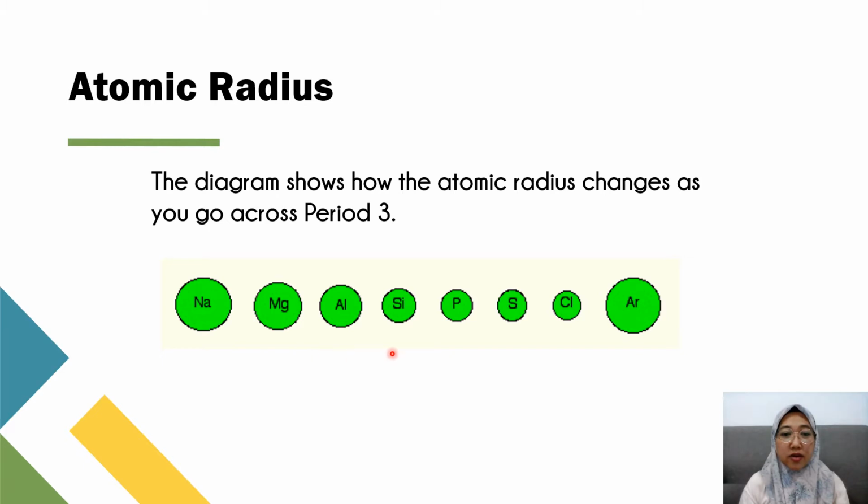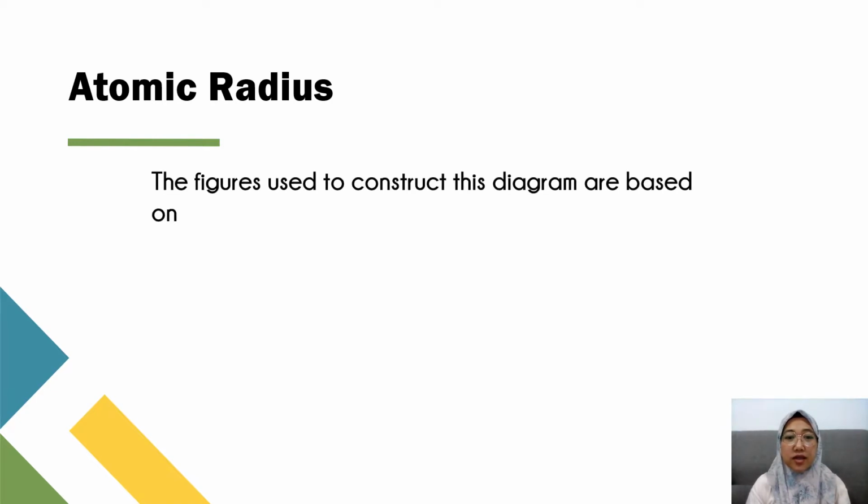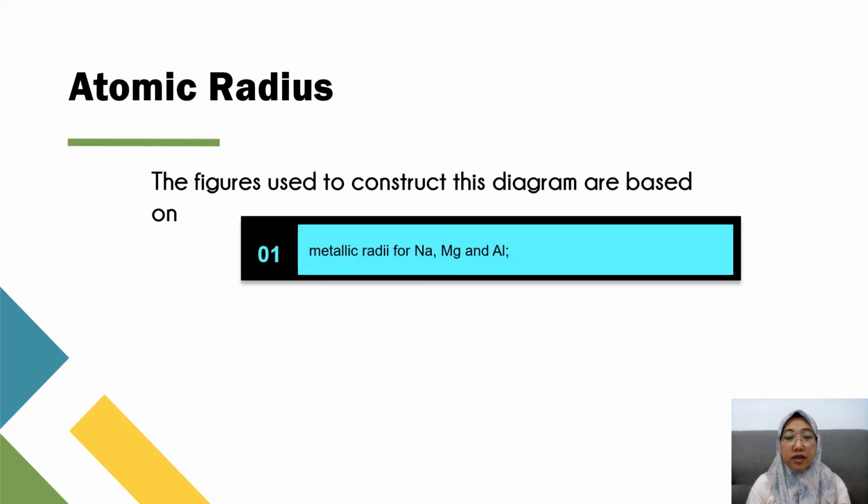Okay, kalau awak tengok kat sini, the trend from left to right, across the period, the atomic radius becomes smaller. Okay, atomic radius decreases.